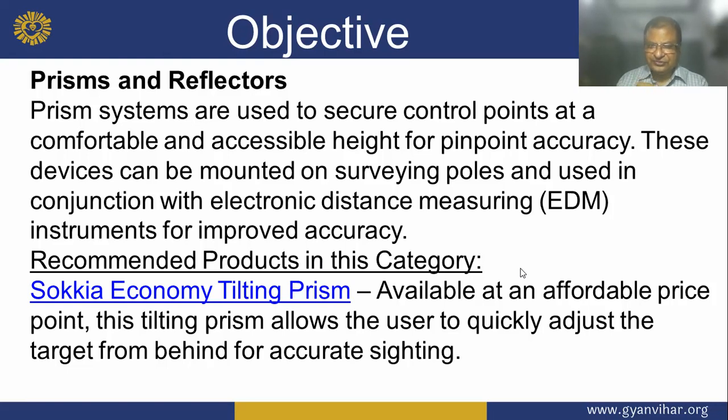Now, next machine is the Sokkia economic tilting prism. Available at an affordable price point, this tilting prism allows the user to quickly adjust the target from behind for accurate sighting.